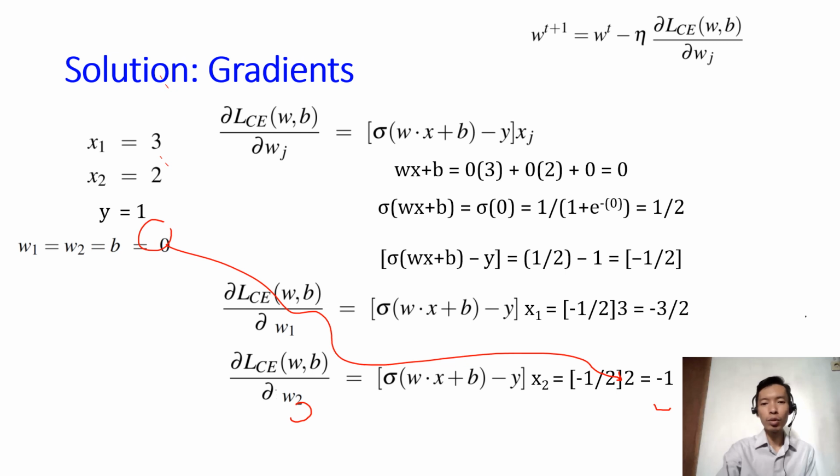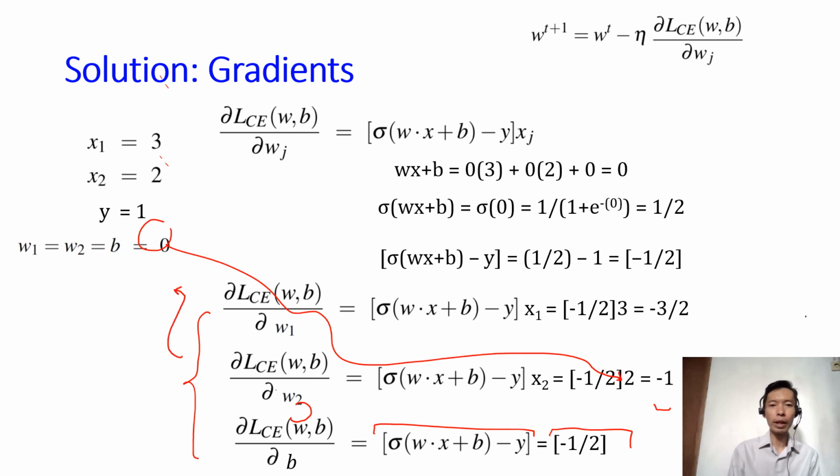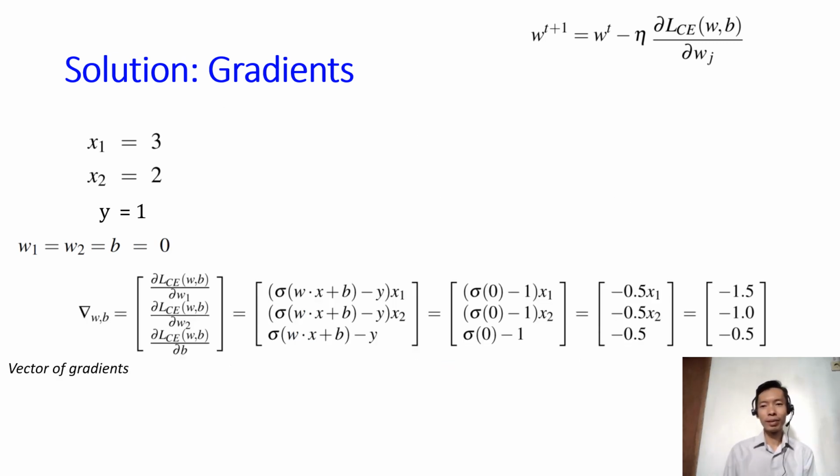And then finally, to update the B, we take the gradient with respect to B, and for B we do not need to multiply this by anything, so the result is just minus 1 over 2. So these three are the gradients for each parameter that we would like to update. Up to this step, we have the gradient of the loss function with respect to W1, W2, and B. And then we put them in the vector of gradients.